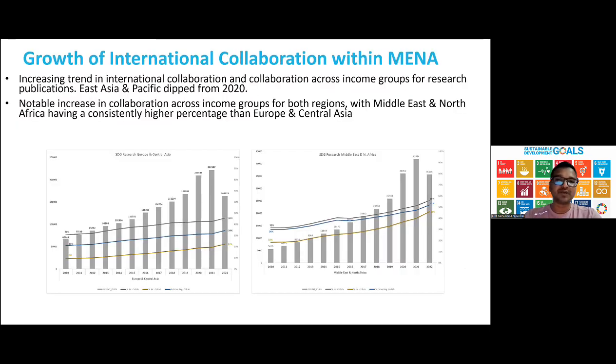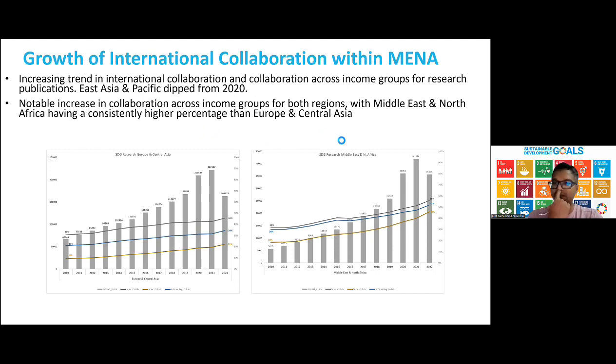So in terms of international collaboration, there is an increasing trend in international collaboration and collaboration across the income regions, based on the research publications. East Asia and Pacific dipped from 2020. There is a notable increase in collaboration across income groups for both regions.